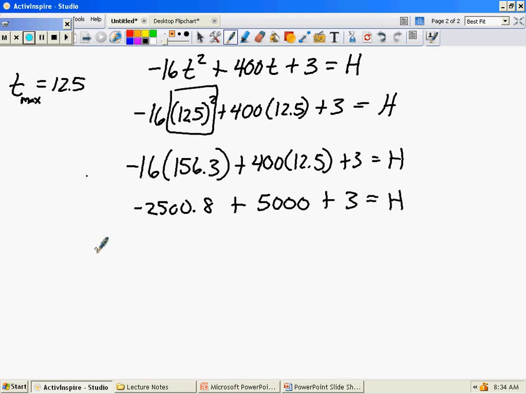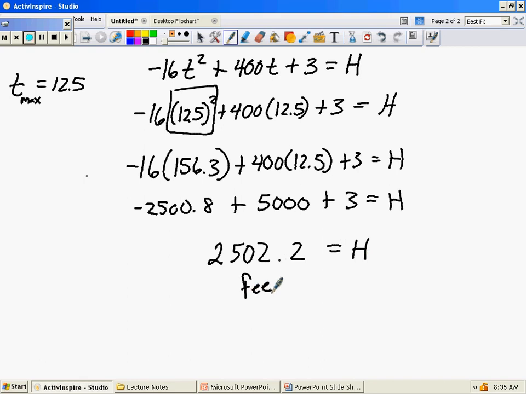And then from here, we're just going to use our calculator to add and subtract those three numbers. So here we go. Negative 2,500.8 plus 5,000 plus 3. And we're getting 2,502.2. And what do you think that is? It's h. So what do you think the units are?